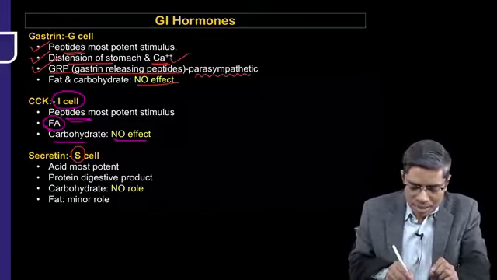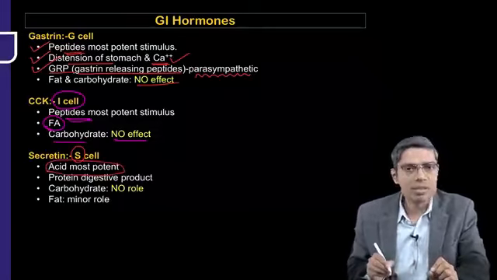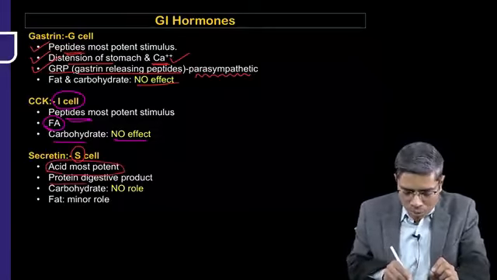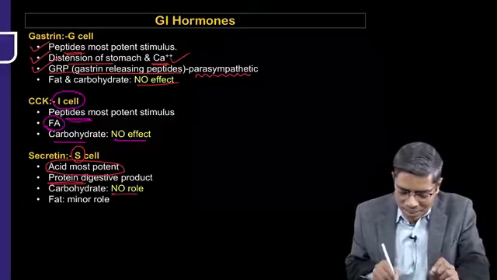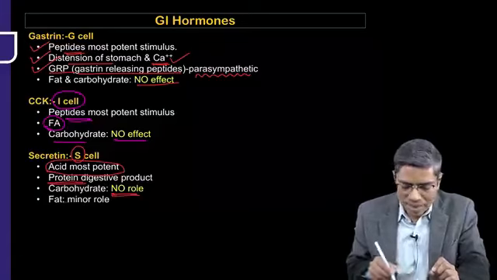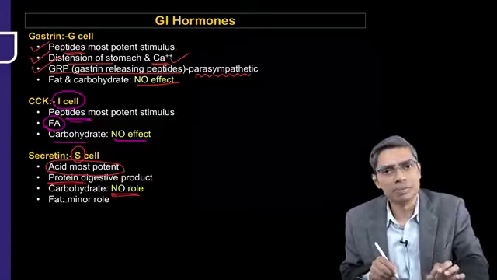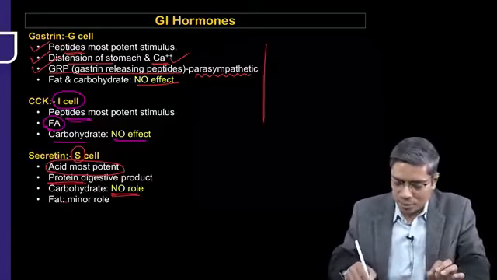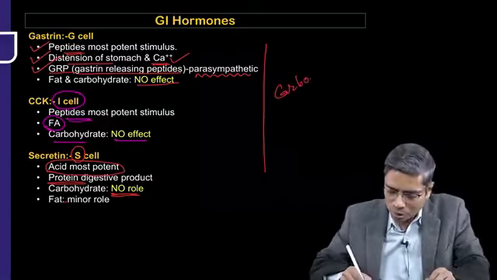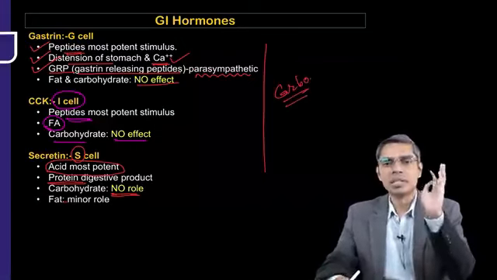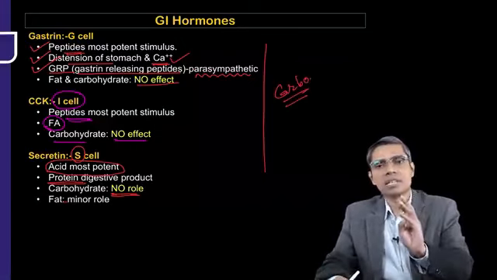Acid is the most potent stimulus. Protein can also stimulate the secretion of secretin. Carbohydrate again has no role, and fat has a minor role. So we can easily understand from all this discussion that carbohydrate has no role in the secretion of gastrin, CCK or secretin.